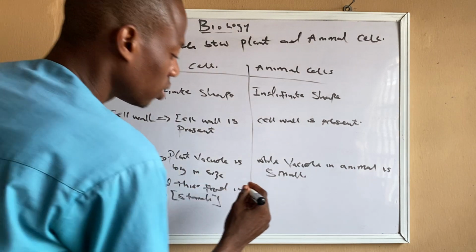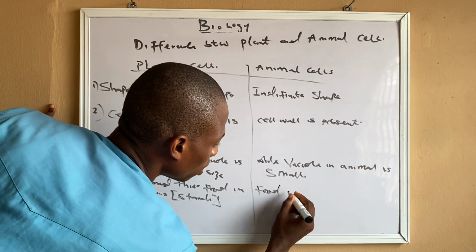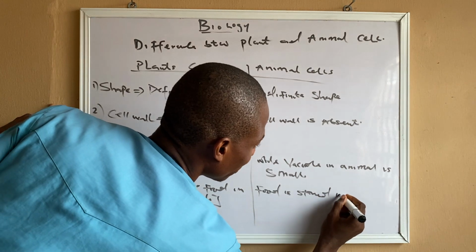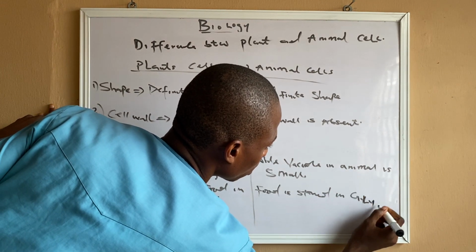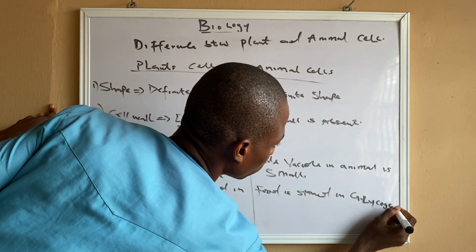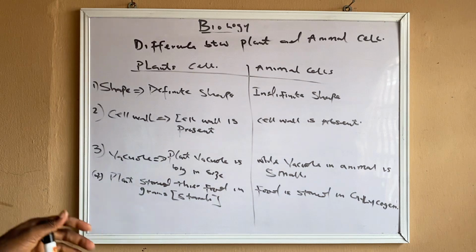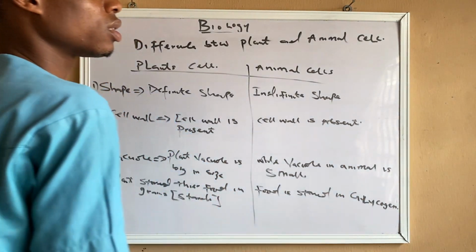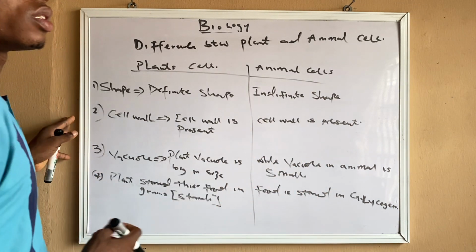Why this? Food is stored in what? In animals, food is stored in the form of glycogen.